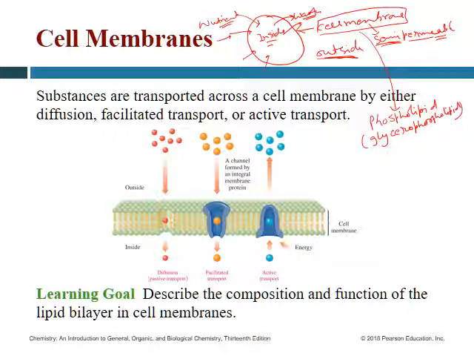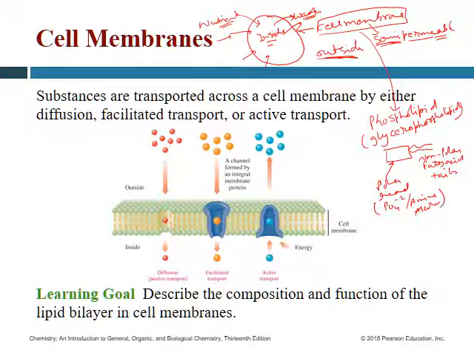And if you remember the structure of glycerophospholipid, you will see the head, and this is the tail. This is the non-polar fatty acid tails, and this is the polar head that contains phosphate and amine alcohol, if you remember from the glycerophospholipid, right?